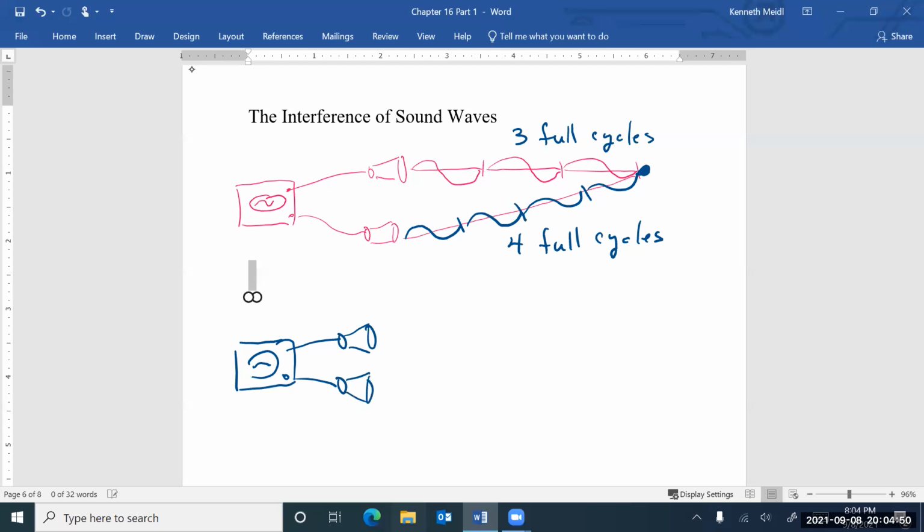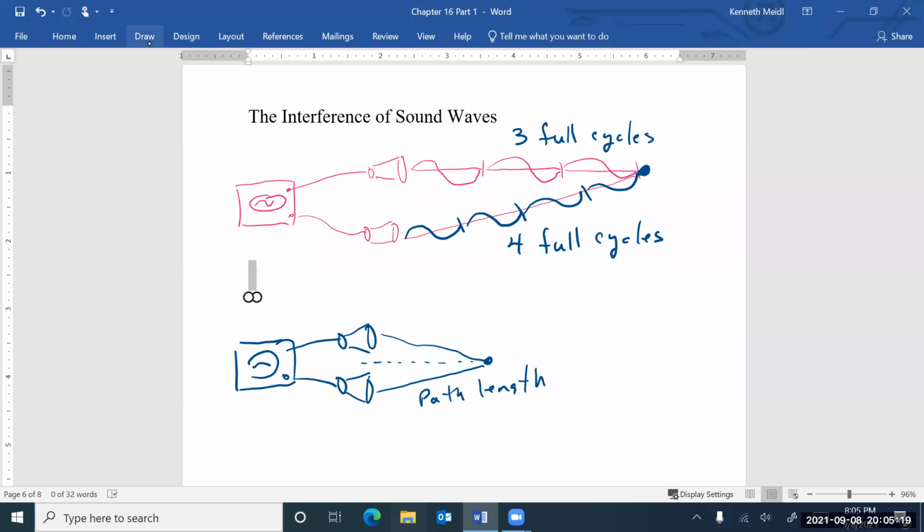So here's my speakers. The place that would guarantee it would be right in the middle of the speakers, where this path length, and that's the important thing here, is identical to that path length. That guarantees no matter where the waves are in their cycle, they arrive in sync or in phase.